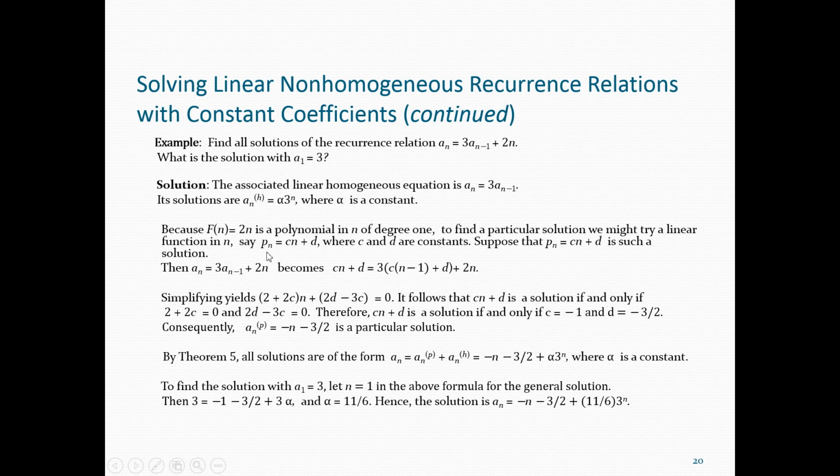Now f(n) = 2n, so we'll assume a solution of the non-homogeneous equation of the same type. Since f(n) is a polynomial, we'll assume a polynomial solution. f(n) = 2n is a polynomial of degree 1.